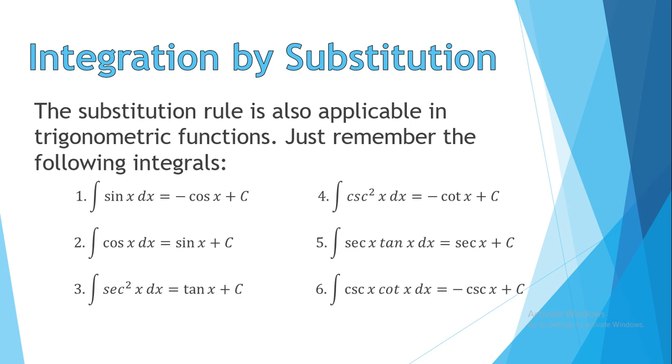Number 4, integral of cosecant squared x dx is equal to negative cotangent x plus c. Number 5, integral of secant x tan x dx is equal to secant x plus c. And lastly, number 6, integral of cosecant x cotangent x dx is equal to negative cosecant x plus c, where c is an arbitrary constant.